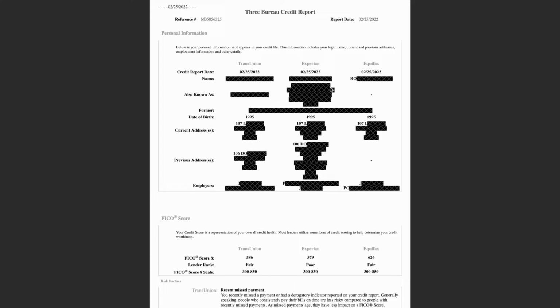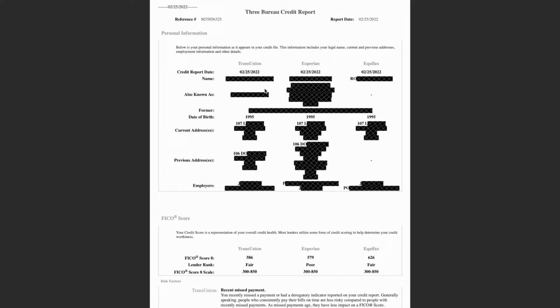The names associated with "also known as" are names that aren't matching. Let's say you applied for credit somewhere and they spelled it differently, or you were married previously and your maiden name is listed here. You want all "also known as" names removed from your credit report. You only want one name on your report.